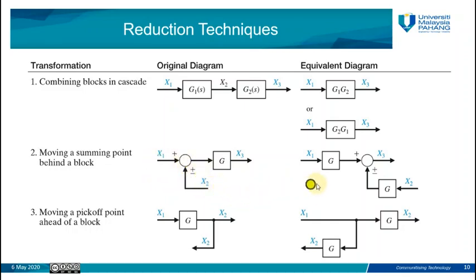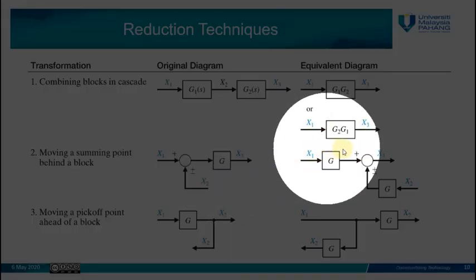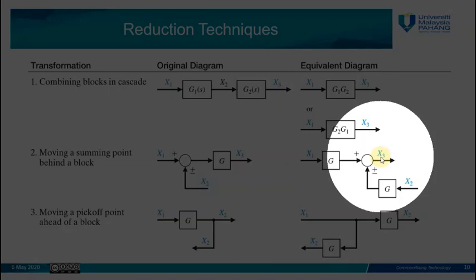In the modified block diagram, it is also the same. We need to multiply X2 here by G because X2 goes through G. So we have X2 times G, and here we have X1 times G. So the value of X3 becomes X1 times G plus minus X2 times G. It is the same as the original X3, so this X3 is equal to that X3.